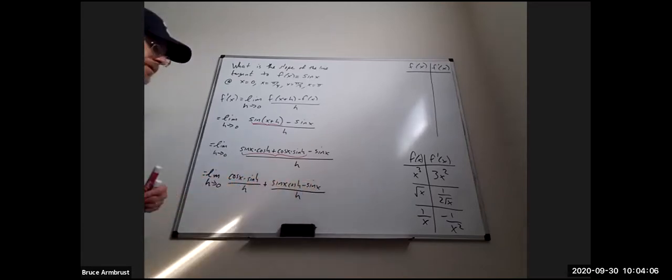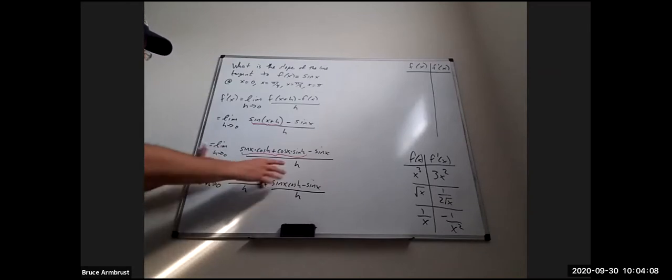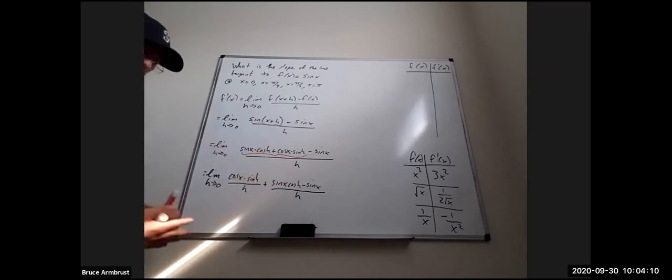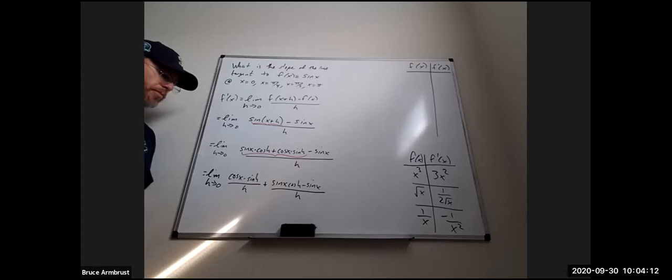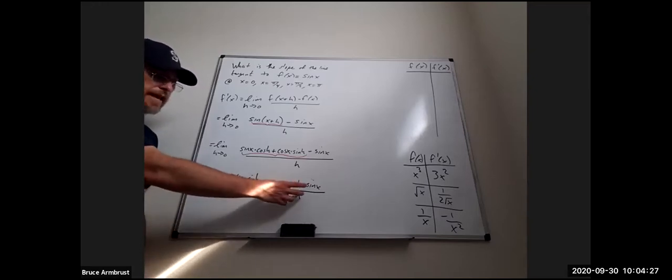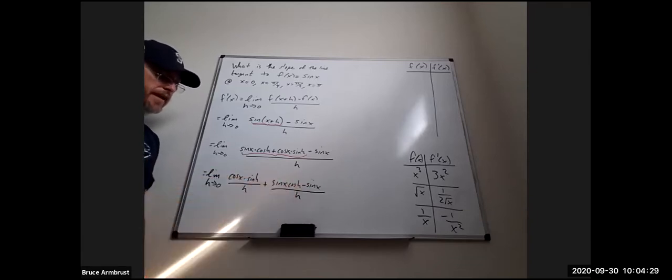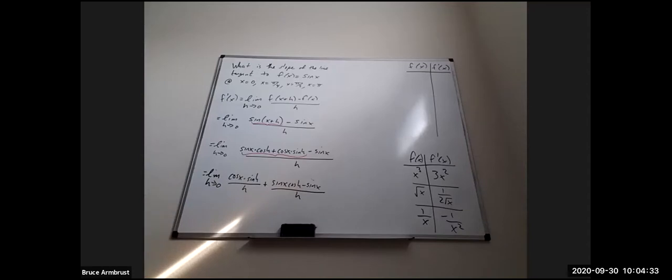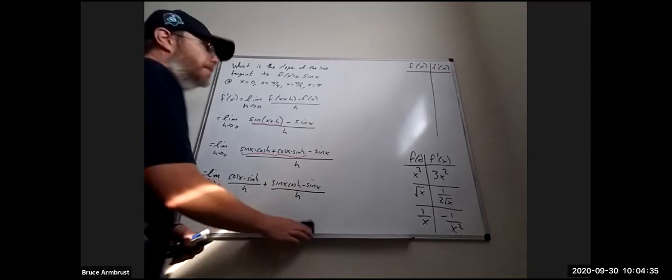over h. So I did split it this way on purpose, and you'll see why in just a second. Okay, so with this second set, let me factor out the sine of x, since it's in both of those terms, and then we'll be ready to actually evaluate our limit.